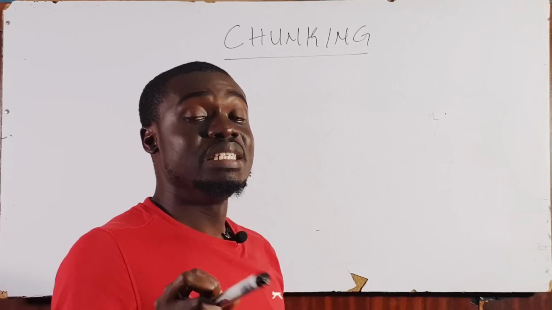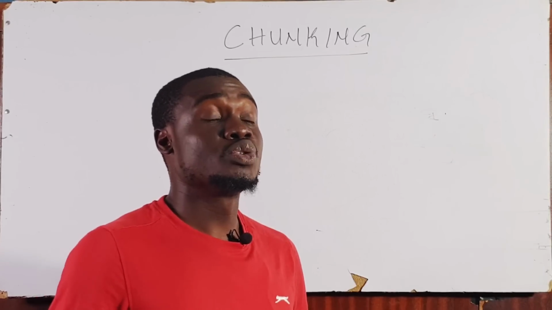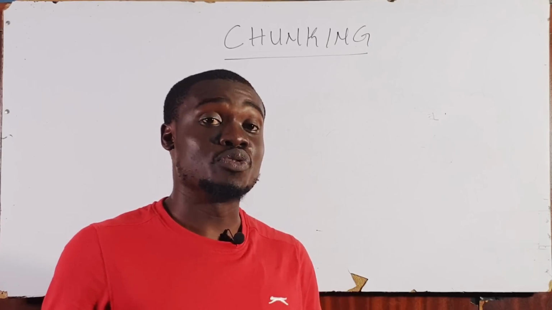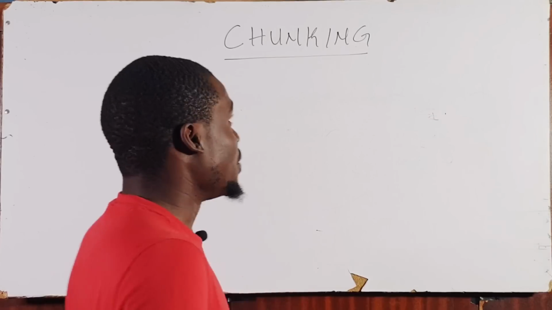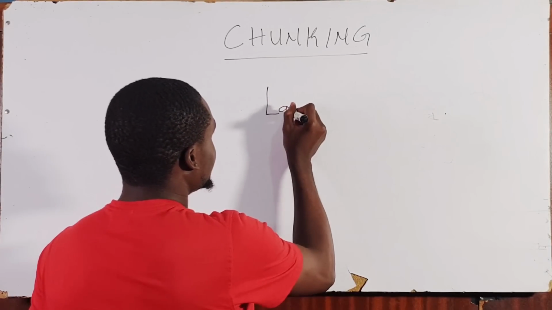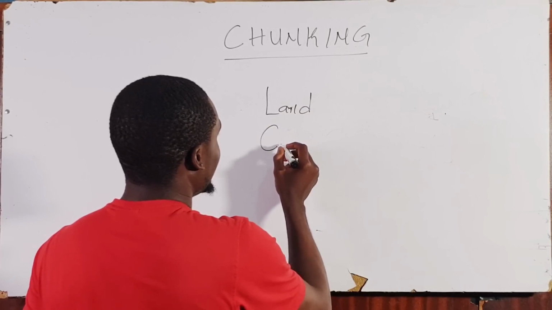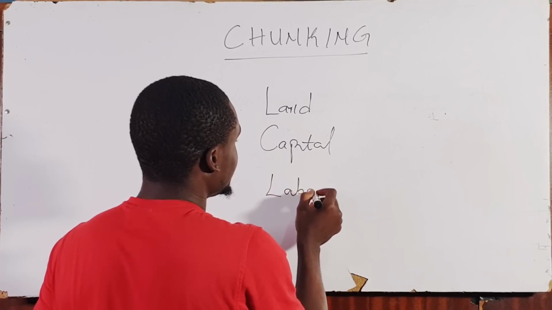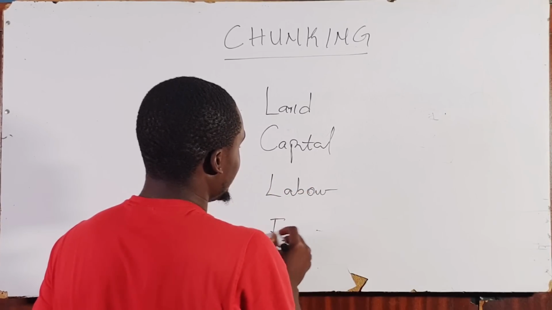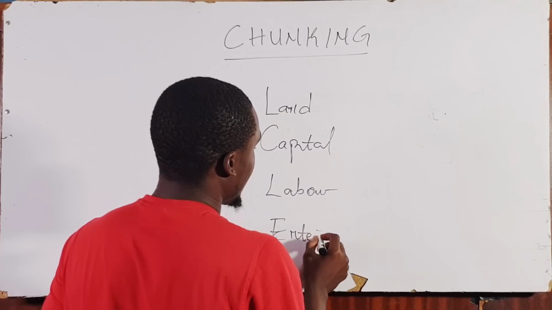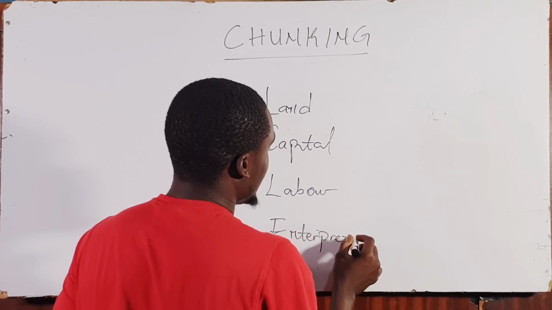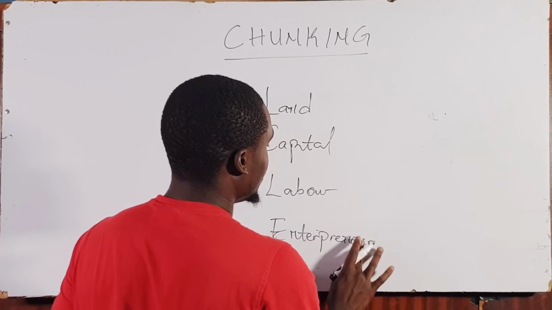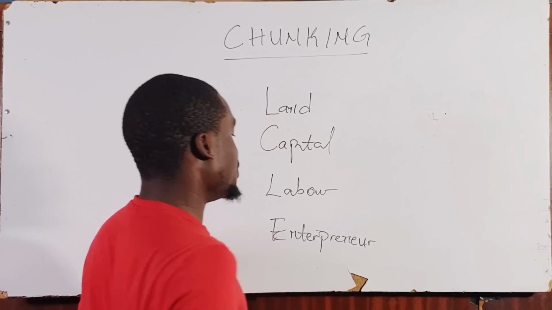Now, you might be learning economics. In an exam, you are asked to state the factors of production. When you want to state the factors of production, you know that we have land, we have capital, we have labor, and we have entrepreneur.